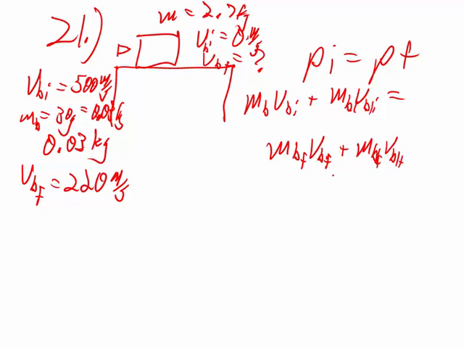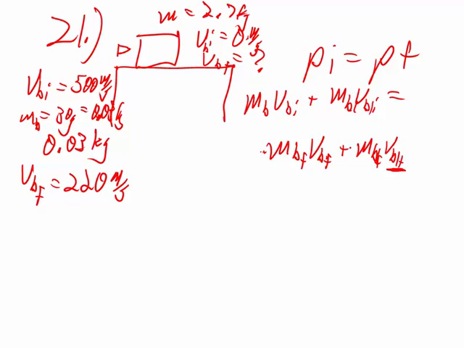So we could solve for the final velocity of the block by subtracting this quantity from this side of the equation and dividing by the mass, couldn't we? Is that correct? It should work out that way. Does everybody see that? I'm giving y'all just a little bit of time to look at it.